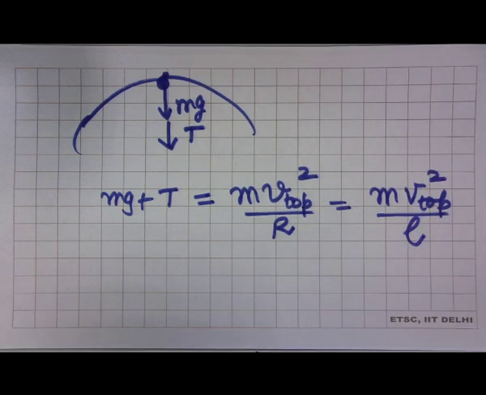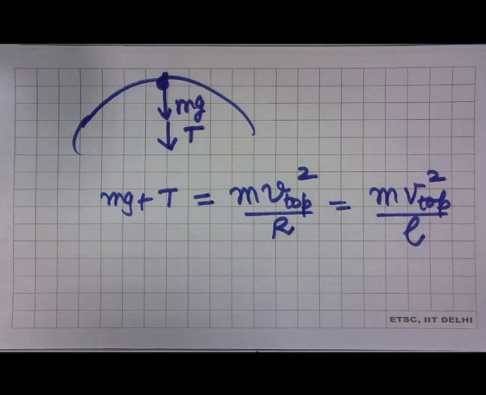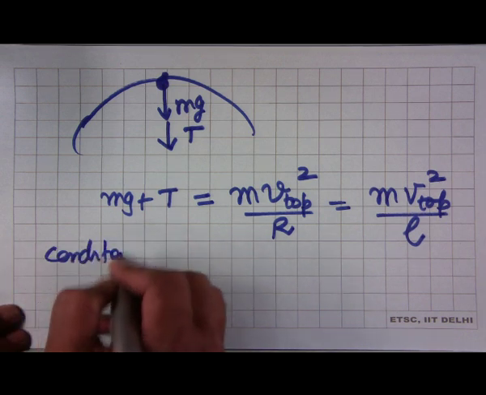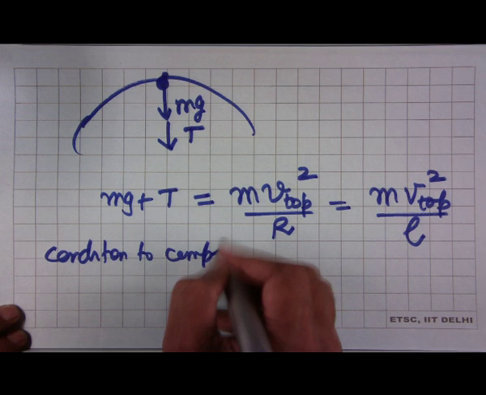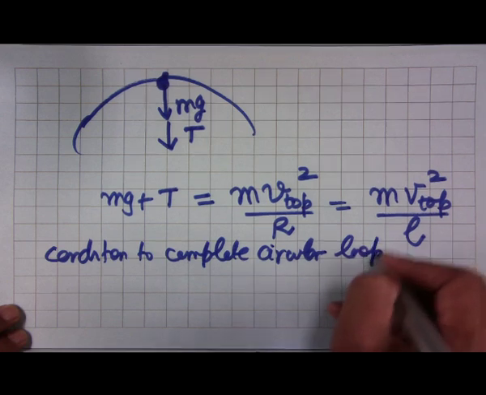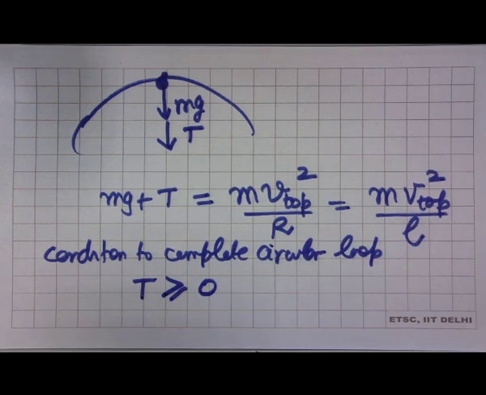So, m times v top square upon L. And so, now the condition to complete the circular loop is that T must be greater than or equal to 0.